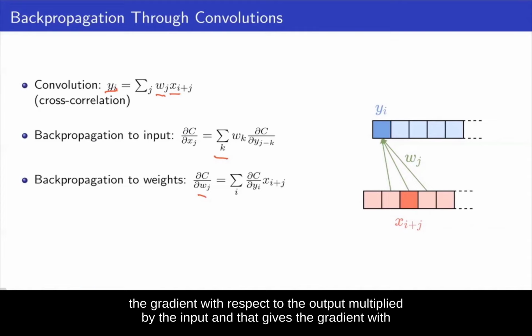So we have to sum up the gradients with respect to each of the individual instances of this weight w_j to get the overall gradient. That's the formula at the bottom. The gradient of some cost with respect to w_j is equal to the sum over the locations in the vector of the gradient of this cost with respect to y_i multiplied by x_{i+j}, which is what the weight connects here.